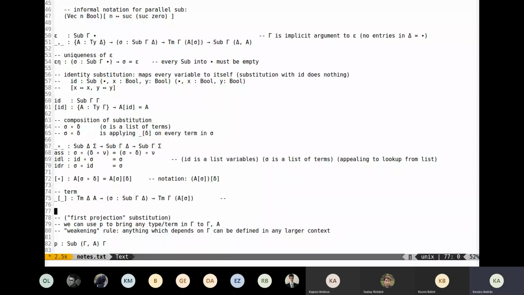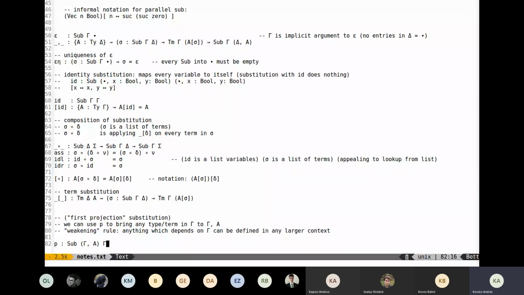Right. Sometimes I am writing it in the other way, but this is more common to write it this way. But I always mix them up. Yeah. So you're right. This is term substitution.